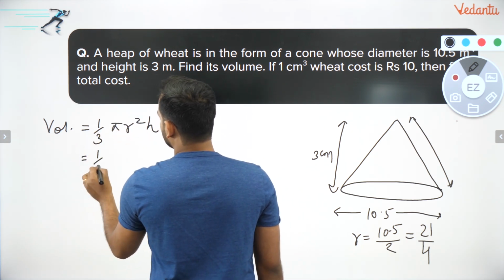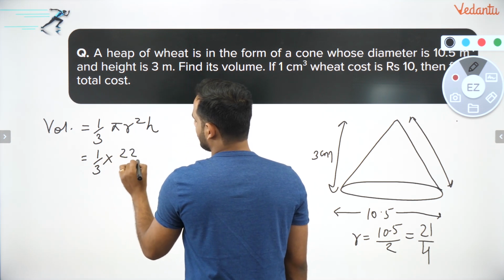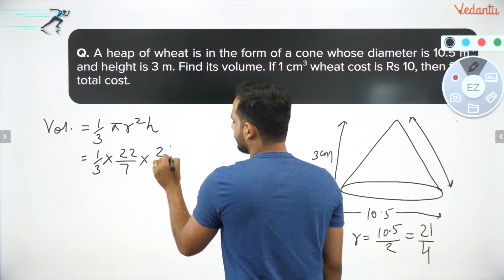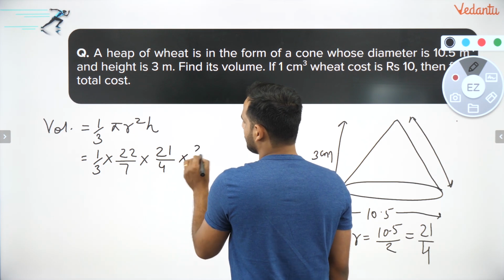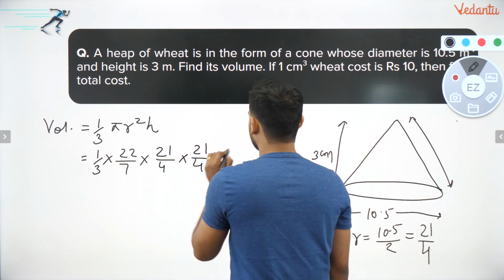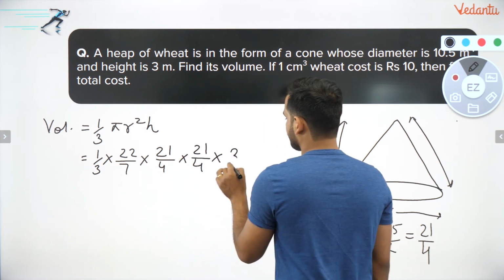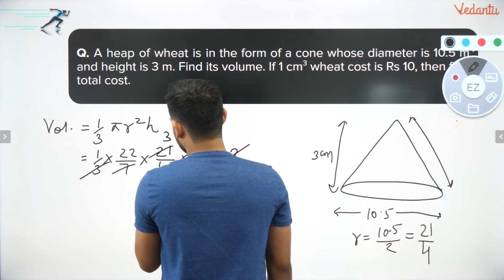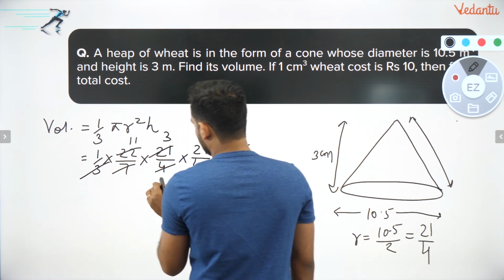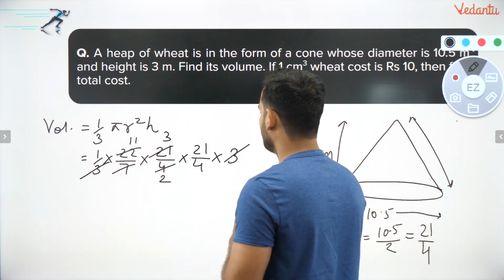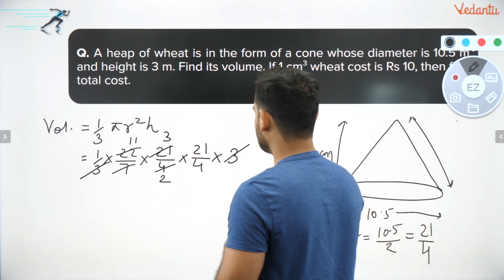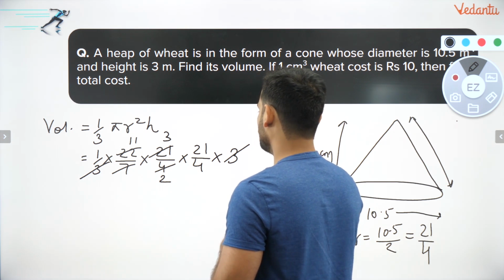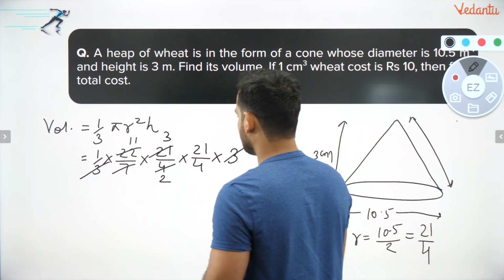So I can say 1 by 3 into pi, which is 22 by 7, into radius 21 by 4 into 21 by 4 into height. What is the height? Height is 3. So this 3 and 3 get cancelled. 7 3s are 21. 4 2s are 8, 2 11s are 22. Can I cancel anything else? No, sir, now I cannot cancel anything.